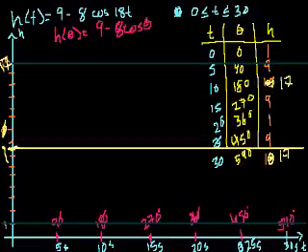And then let's plot the points on the graph. At t equals 0, we're at h equals 1. So that's this point, right here. When t equals 5, h is equal to 9. It's right here. When t is equal to 10, h is equal to 17.